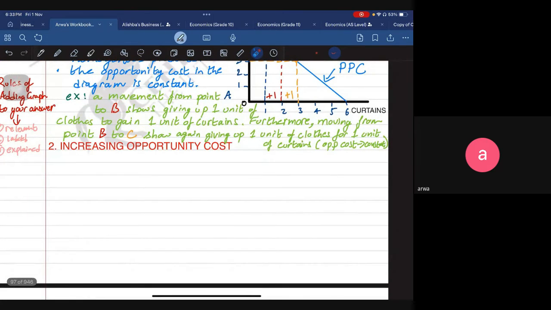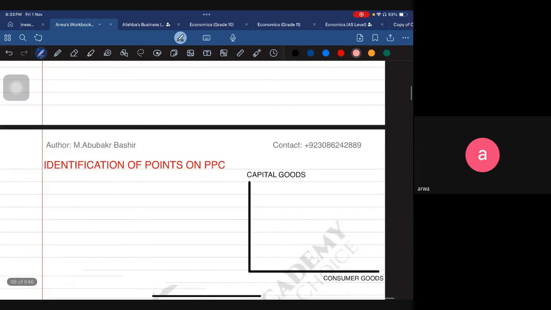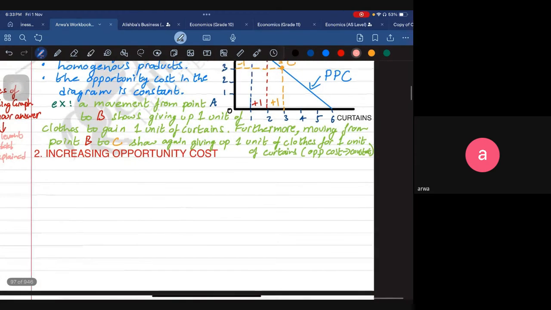Increasing opportunity cost. So we also have a diagram here, which is an important diagram. Let's say we have TV on one side and the refrigerators on the other.